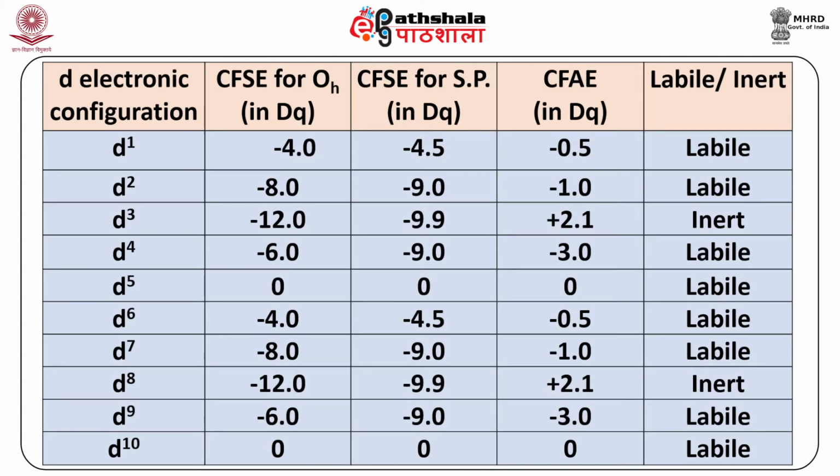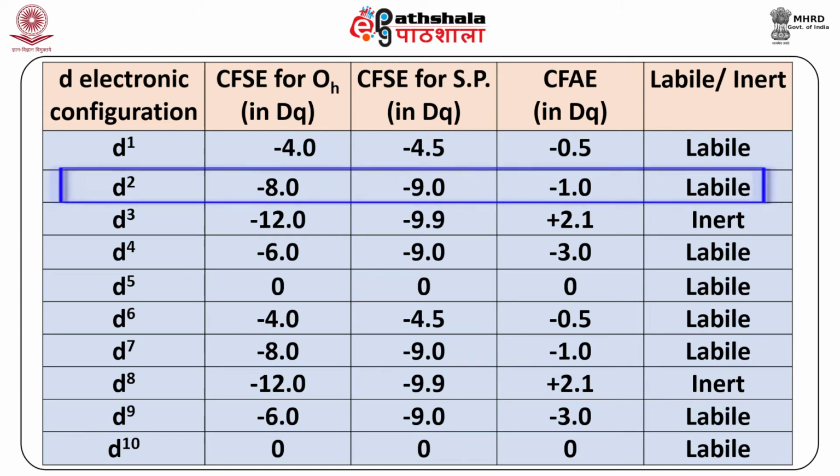Similarly, if a second electron enters, then in case of the reactant in the octahedral structure, the crystal field stabilization energy would be 2 into minus 4 Dq plus 0 into plus 6 Dq. Overall, it would be minus 8 Dq.